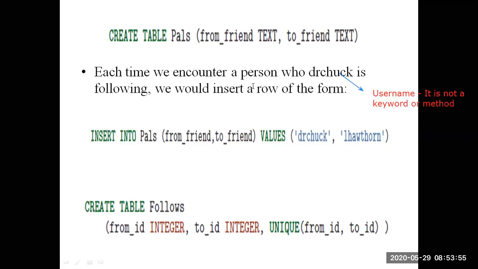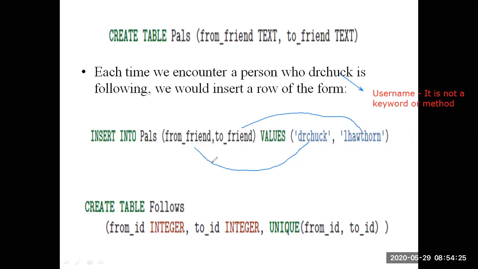Here we are trying to insert a row of this form into the table Pals: from friend, to friend, values Dr. Chuck and the other friend name. So it is the from friend and it is the to friend, where I'm connecting the from friend and the to friend.